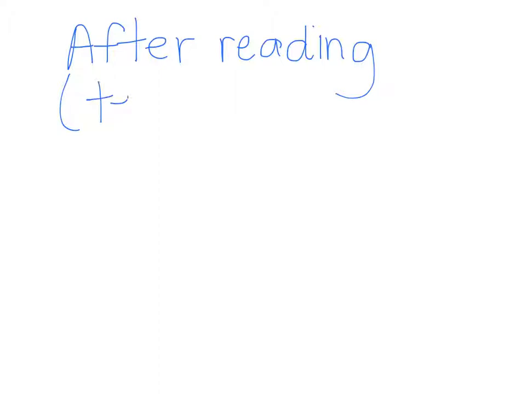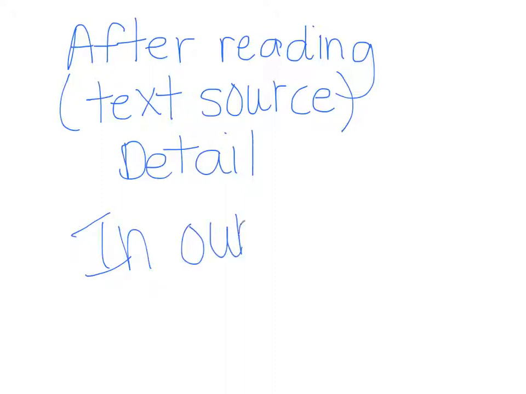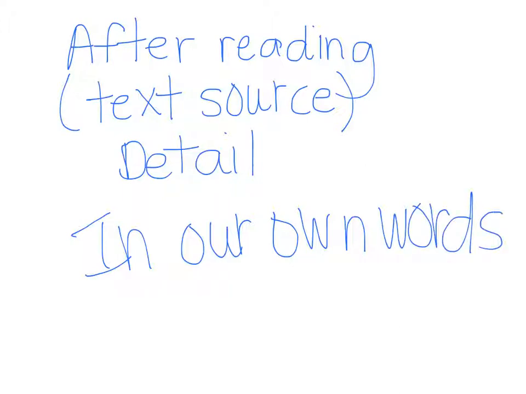We could start off with, after reading, and cite our text. Then we could include a detail that we got from the text but put in our own words. So let me give you an example from something that you've read before.